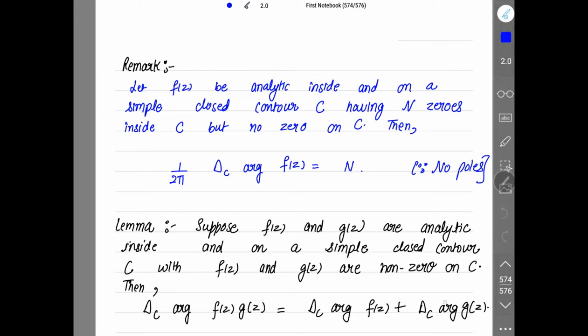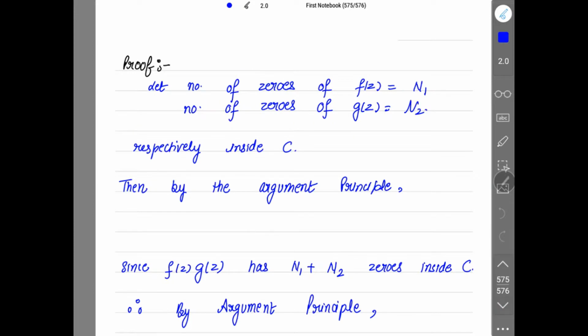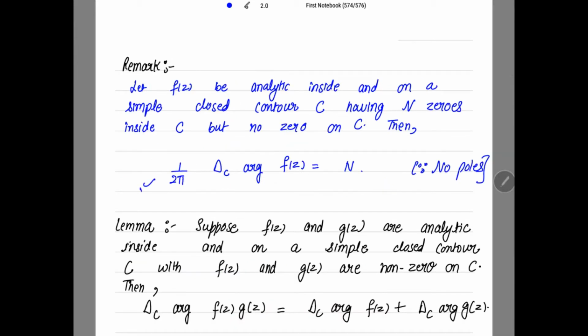Now because we are having the two functions which are analytic inside and on closed contour C, let's suppose that the number of zeros of f(z) is n1 and the number of zeros of g(z) is n2 respectively inside C, right? Then by the argument principle, we have, just now we have read this remark. I'm not having poles, so I'm using the remark for the number of zeros only. So n1 is the number of zeros for f(z).